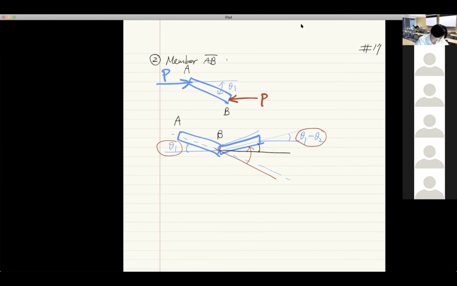Because this part is theta 1 minus theta 2, and this part is theta 1. So the total angle here is just theta 1 minus theta 2 plus theta 1. And that is going to be the angular internal moment, which is going like this. This is the internal moment.